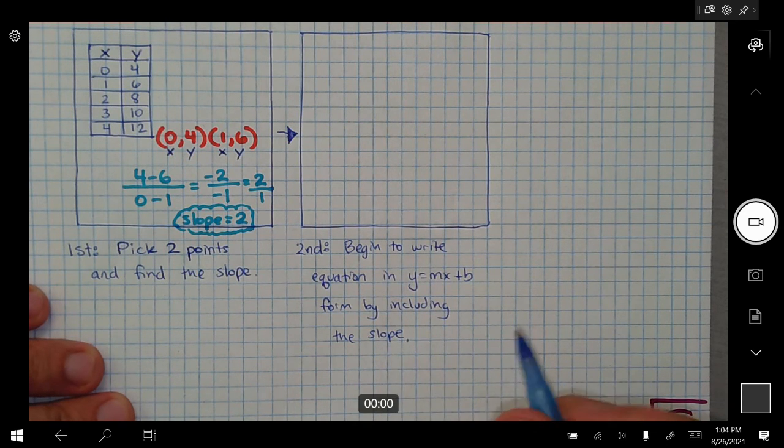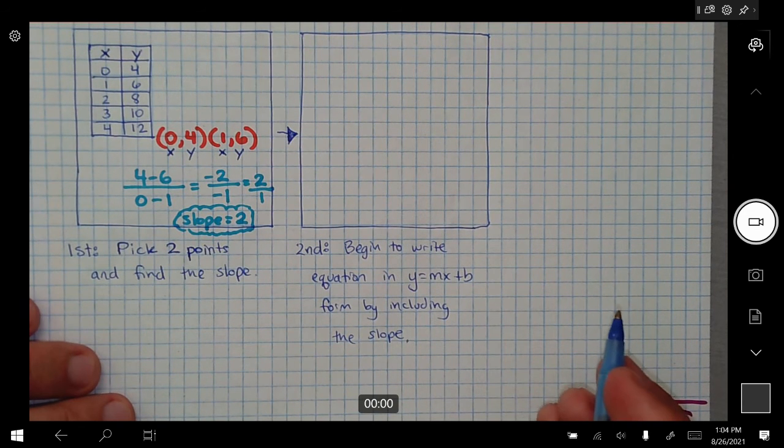So all you're going to do is write out the slope-intercept form, but you're going to include the slope.